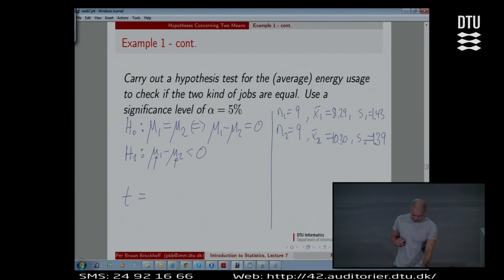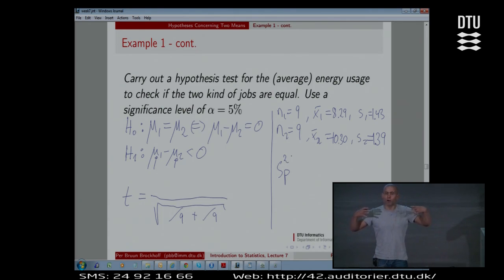Then, to use the T-Test statistic, I should plug in N1 and N2, and then I should plug in this SP. What was SP? P is for pooled. That is, you pool the information of variability from the two groups.